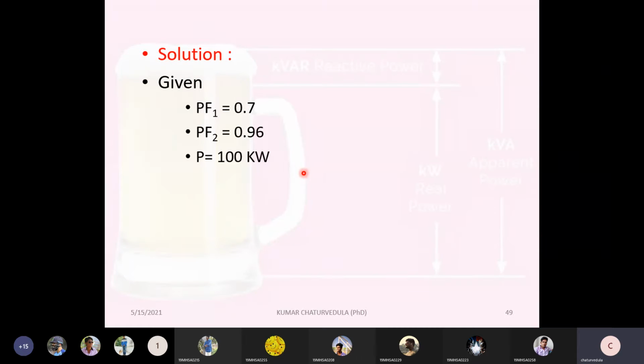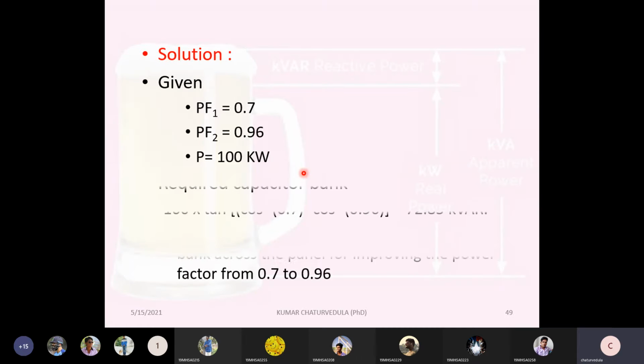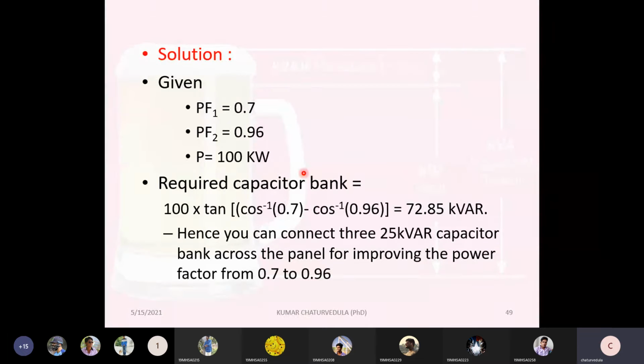Given data: power factor 1 is 0.7, power factor 2 is 0.96, and P is equal to 100 kilowatt. So the required capacitor bank is 100 into tan of cos inverse 0.7 minus cos inverse of 0.96, which is nothing but 72.85 kVAr. So you have got the value 72.85 kVAr.